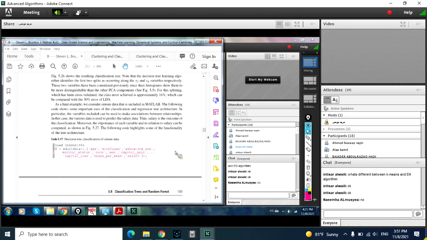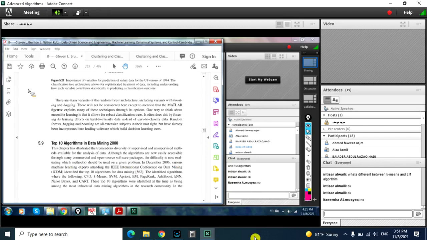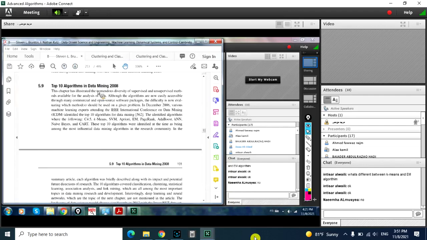Okay, and in the last subsection, the book talks about the top 10 algorithms in data mining in 2008. It explained that in December 2006 there is a paper that explained the top 10 algorithms for data mining.